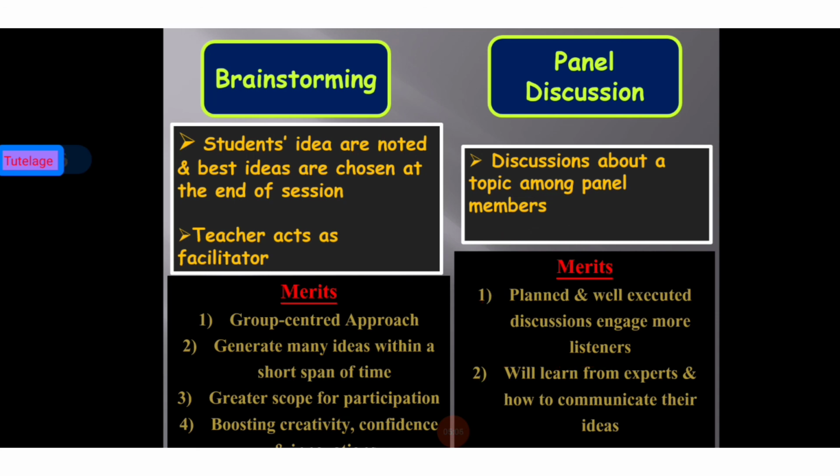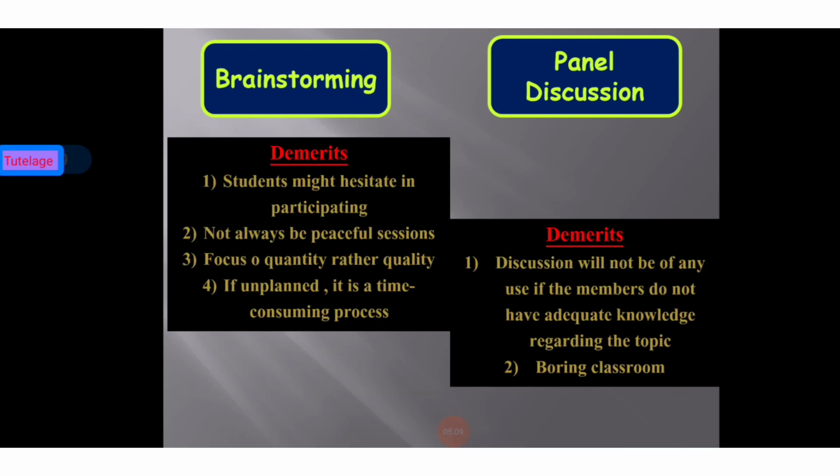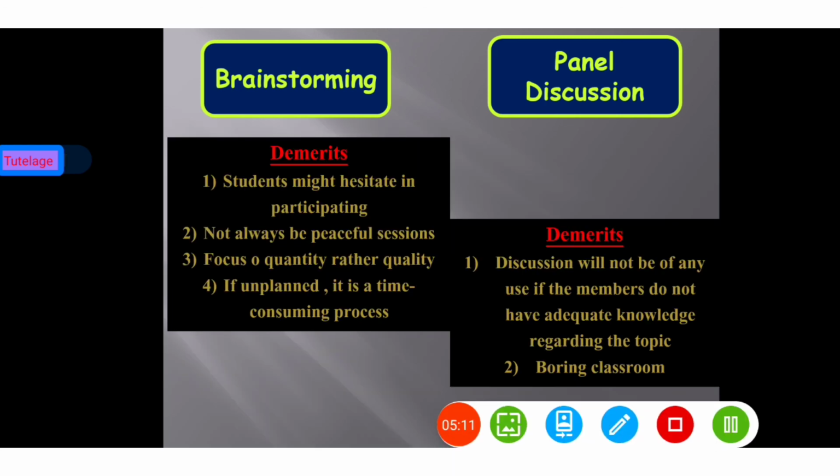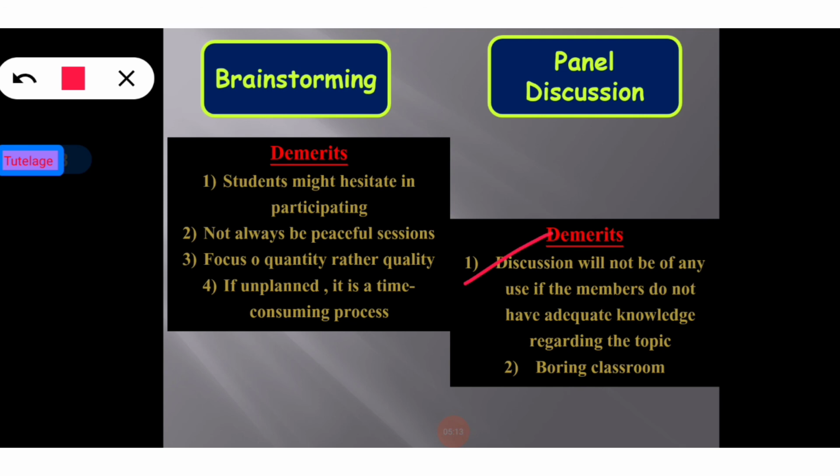Now going to the demerits of the panel discussion. The first one is that the discussion will not be of any use if the members don't have adequate knowledge regarding the topic. Now the second point: the rest of the class might get bored during such an activity.